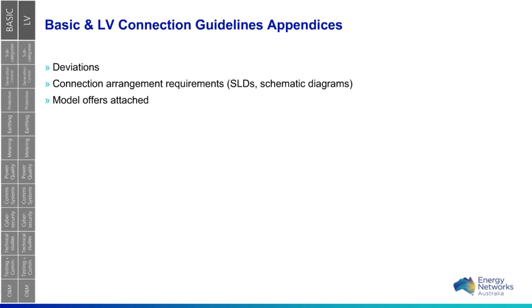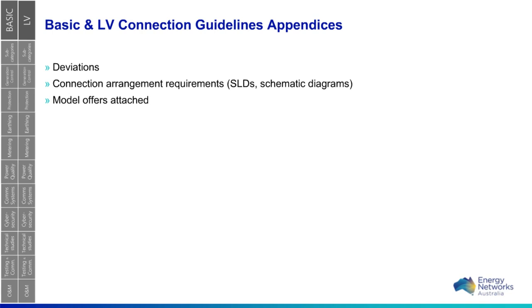An additional section I wanted to brief everybody on was the appendices, which include where DNSPs are deviating from the guidelines. They would include a summary of what they're deviating from and provide a reason or rationale for that.